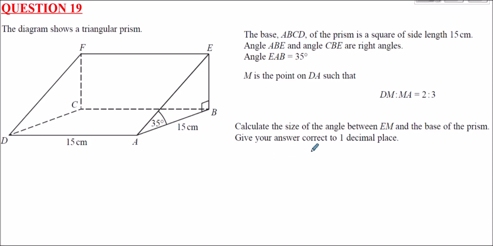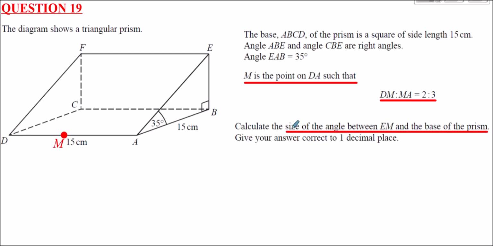So let's just pick away at all this information here, step by step. So we're told that M is along DA, such that DM to MA is in the ratio 2 to 3. And so I'm just going to add in the point M somewhere here; we can work out the length along DA that point M is in a moment.